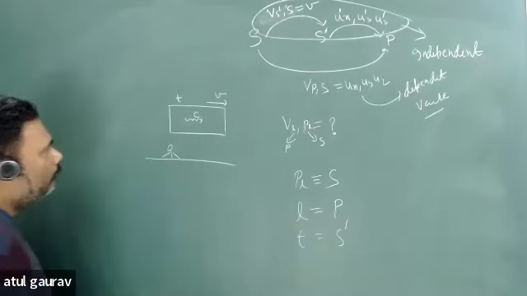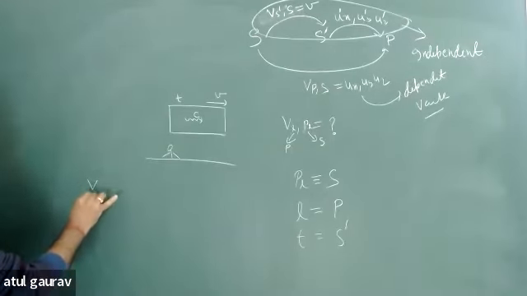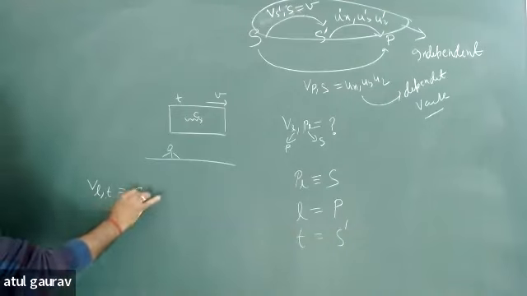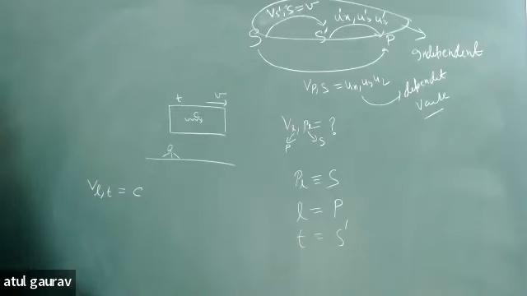Now look at here. Velocity of light pulse with respect to train. क्या दिया हुआ है? C. In which direction? I cap direction. Okay.